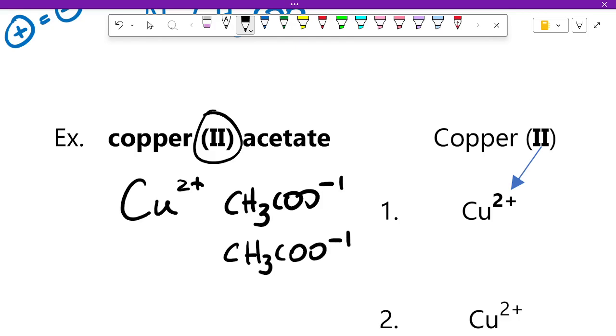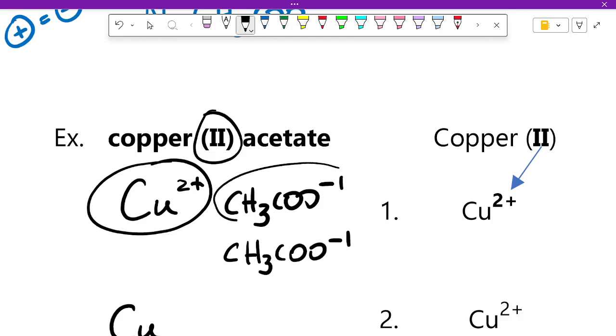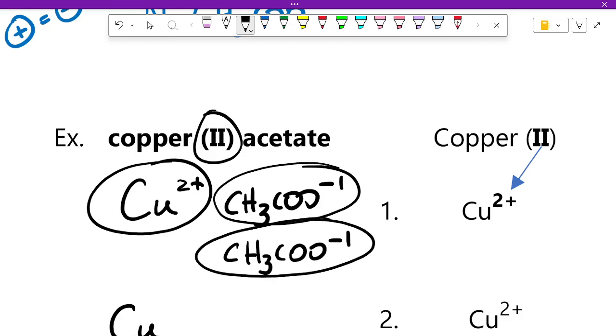Do they equal now? Yes. So how many coppers do we have? 1. So we just write Cu, and we do not write a 1. And now, because we've got 2 of these, we have to put them in brackets, and we write CH3COO, and now we have 2 of them, so the 2 goes on the outside of the brackets.